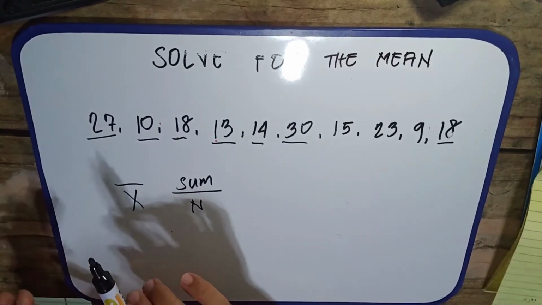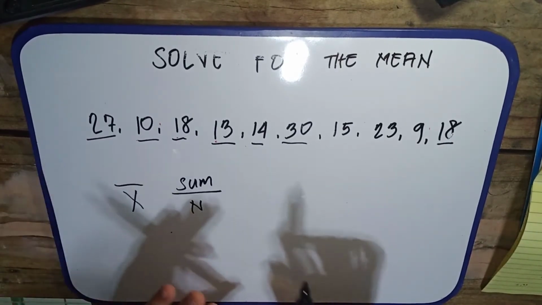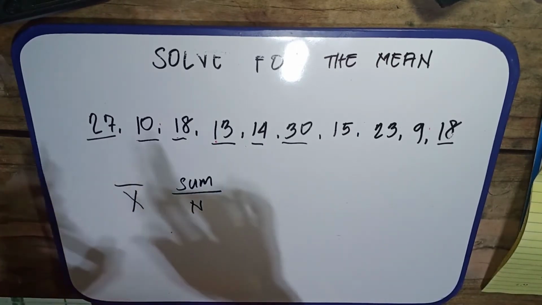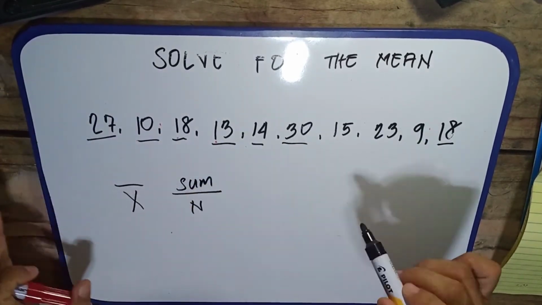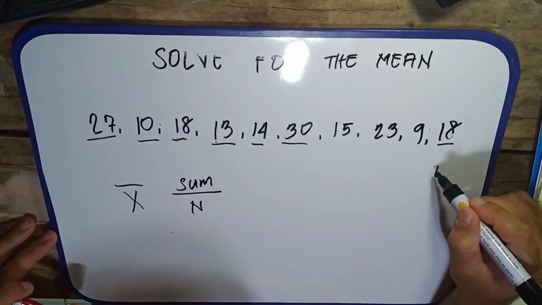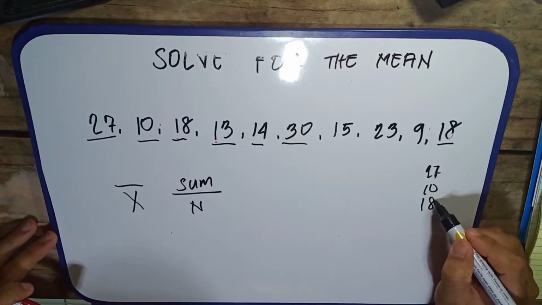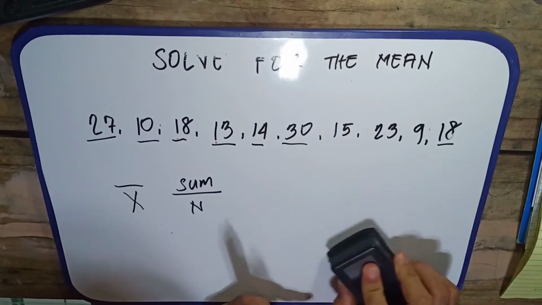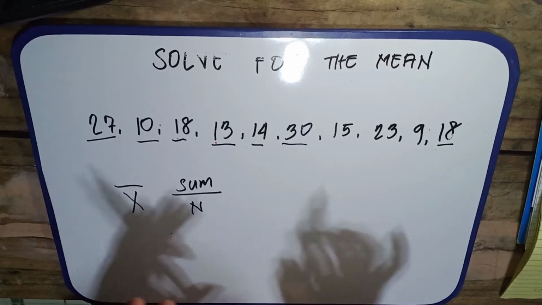First, we are going to add all these numbers. But the easy way of solving these numbers is to first combine some numbers and make it short. Because if you rewrite all of this in this manner, 27, 10, 18, it takes time for adding. That's why I am going to give you the easy way of solving this set of numbers.